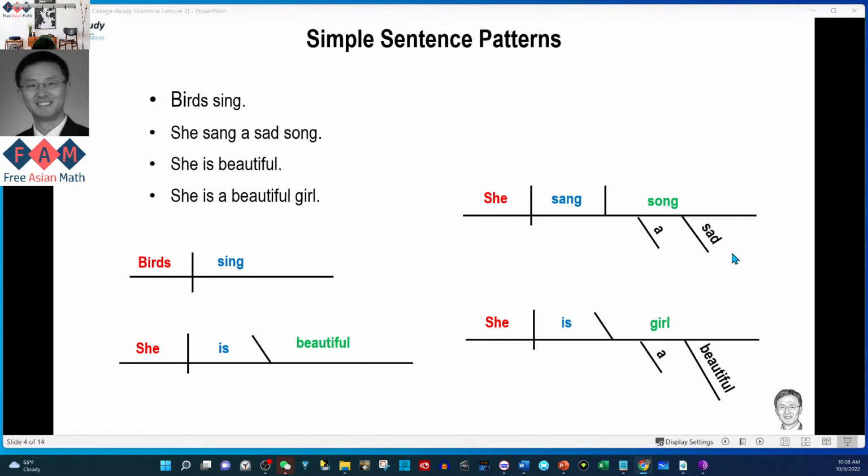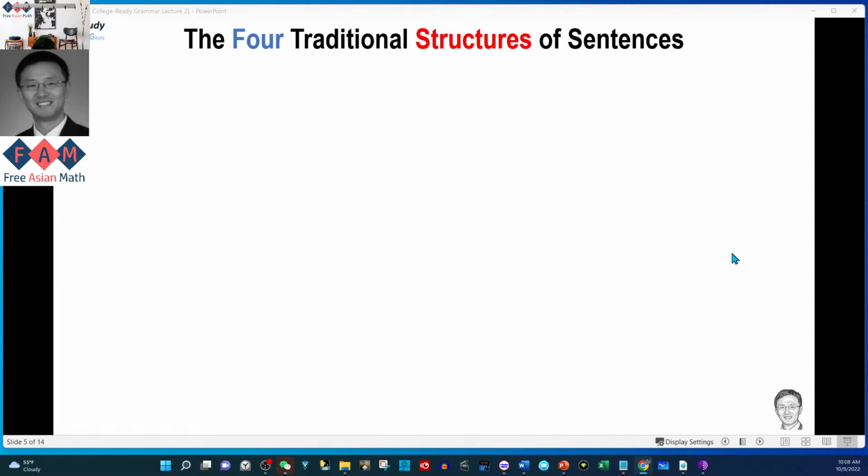So let's classify English sentences. Traditionally, grammarians classify all sentences into four types of structures. Those are traditional structures. Mathematically, it's actually easy to understand those four types, but we will take a look.